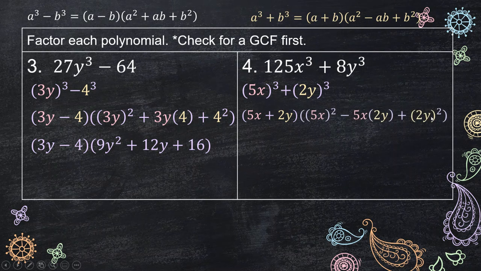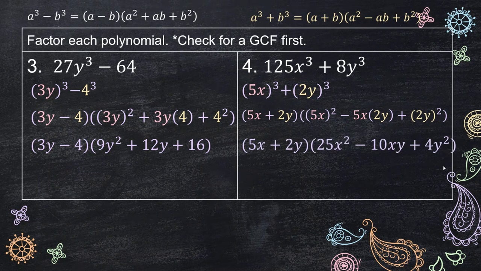So our next factor would look like this: (5x) squared minus 5x times 2y plus (2y) squared. Simplifying that second factor, (5x) squared becomes 25x squared, and then minus 5x times 2y becomes minus 10xy, and then when we're squaring 2y, we get 4y squared.